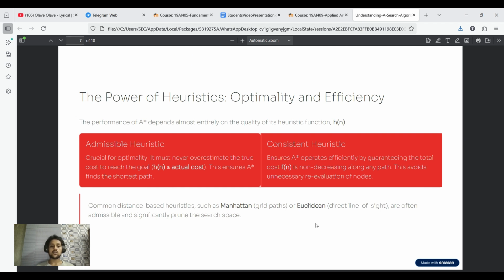This ensures A star finds the shortest path. Second one is the consistent heuristic. It ensures A star operates effectively by guaranteeing the total cost f of n is non-decreasing along any path. This avoids unnecessary re-evaluation of the nodes. Common distance based heuristics such as Manhattan or Euclidean are often admissible and significantly improve the search.